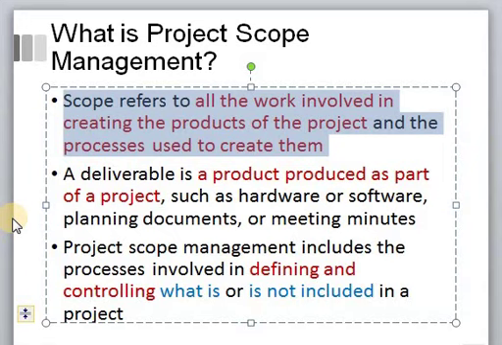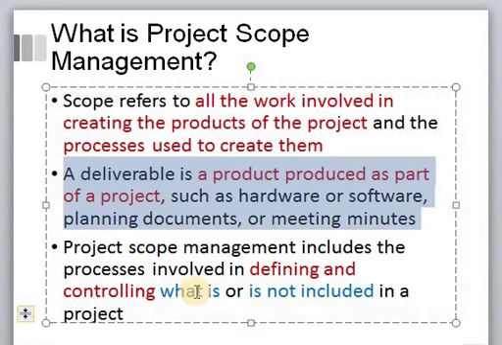So whenever we are talking about the scope of a software system, it means every single set of requirements that will be included in all of the work involved in order to create that product or project, and the particular processes which will be used to create them. In short, the work involved in creating the products of the project refers to the scope of the project.